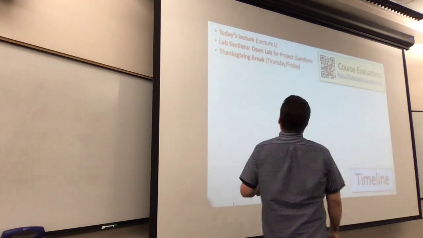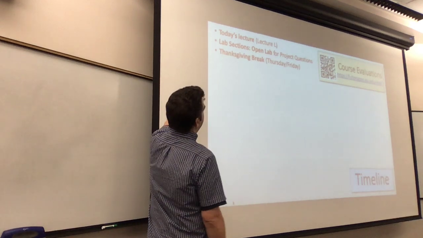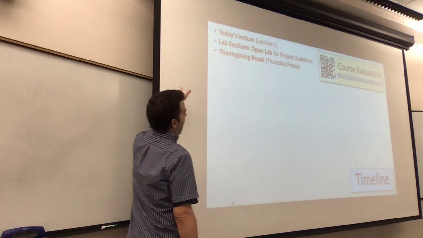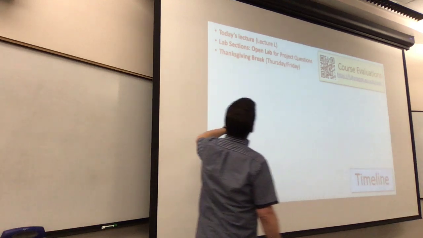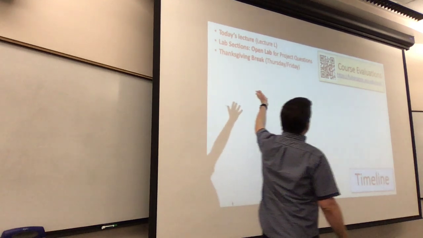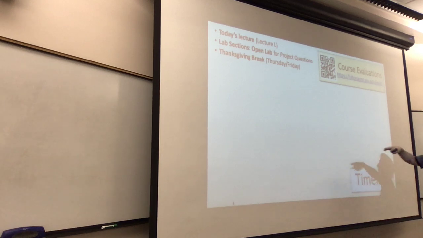The basics for this course, the way things go: this week, we have this quick wrap-up lecture, which should probably be shorter than normal. Then the lab section before the Thanksgiving break is just an open lab, one of the last-minute times for questions, the sort of formal times.